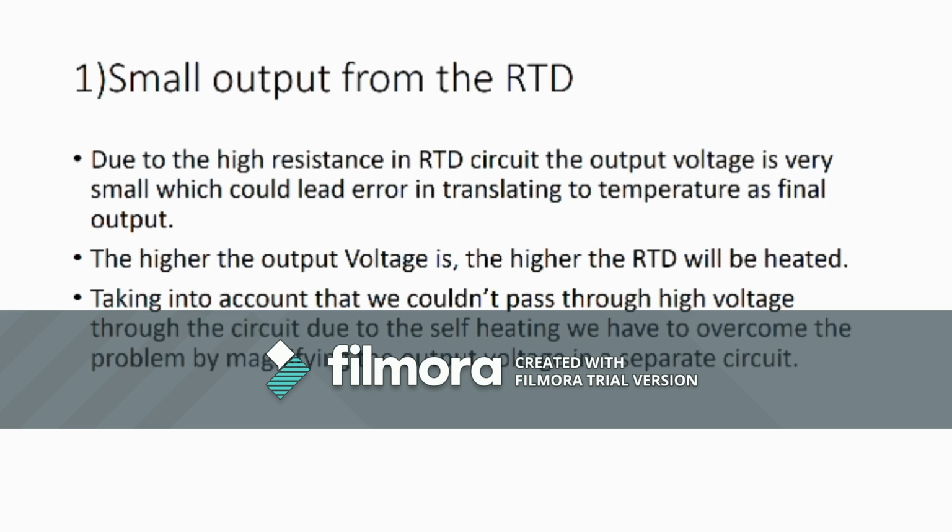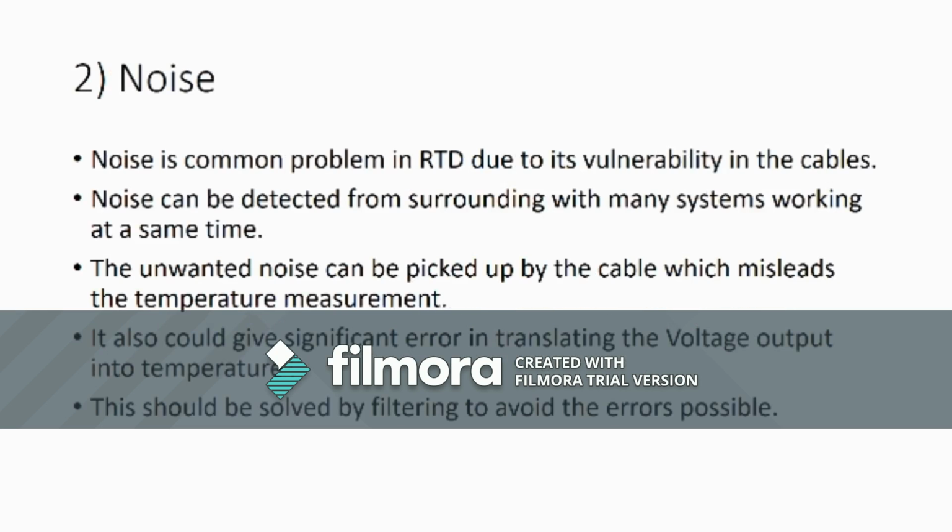Okay. Second is noise. So noise is a common problem in RTD circuits because their cables tend to attract signals from the surrounding. In case the noise could come from surrounding where there are many systems working around our RTD.